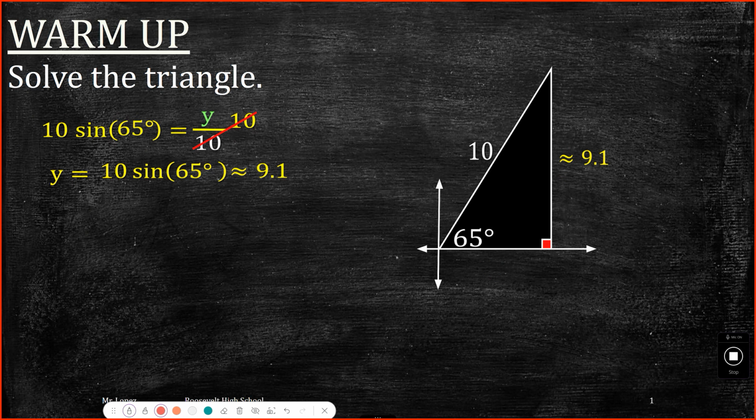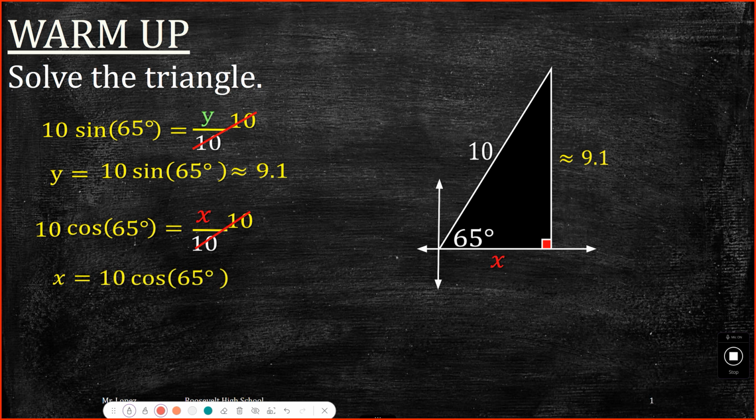And we're going to use cosine 65 to find x over 10. Multiply both sides. And approximately x is going to be what?